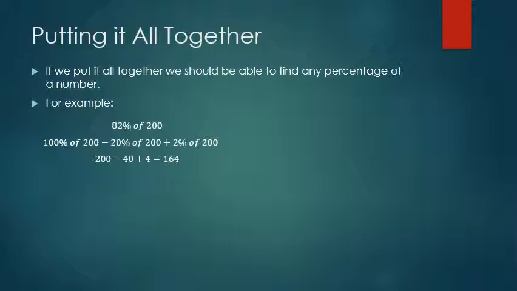And 2% of 200, well, 1% of 200 is 2, so 2% would be 4. So we have 100% take away 20% plus 2% is 200 take away 40, which is 160, plus 4, which is 164. So 82% of 200 is 164.